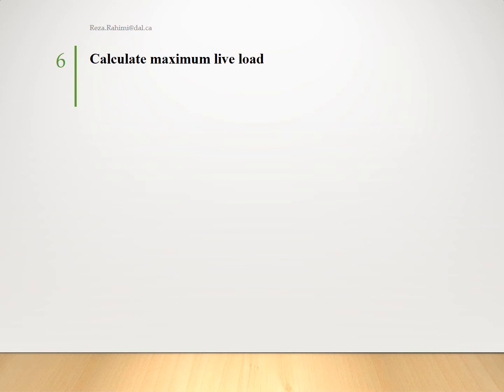Okay. Maximum live load. The shear force diagram for a cantilever with load P here is constant, and equal to the magnitude of the applied point load.